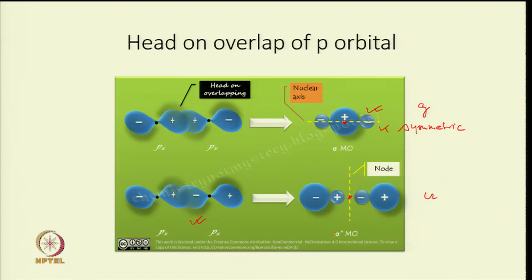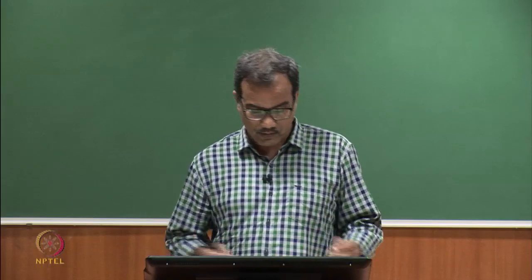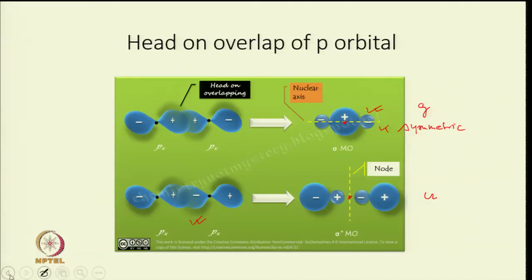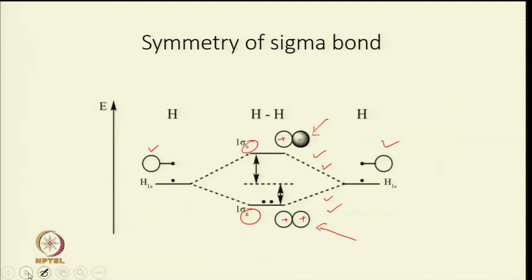This is the sigma star molecular orbital. So whether the sigma orbital forms from overlap of s orbitals or p orbitals, bonding sigma orbitals are always gerade, whereas anti-bonding sigma orbitals are always ungerade.